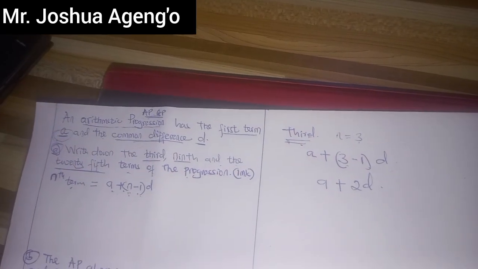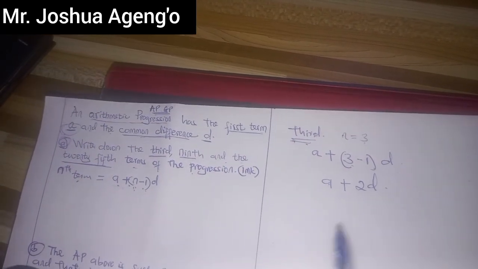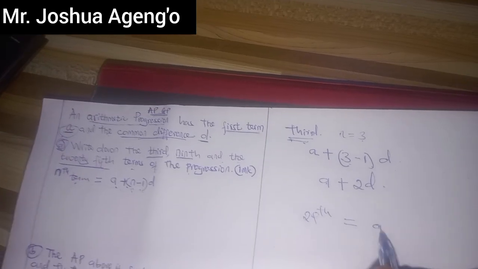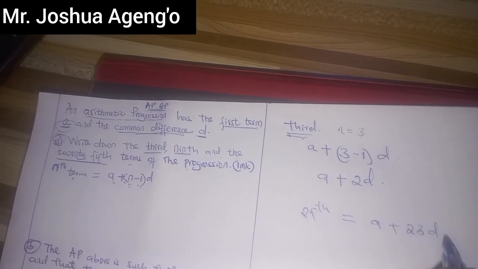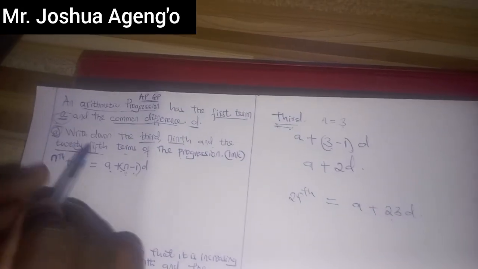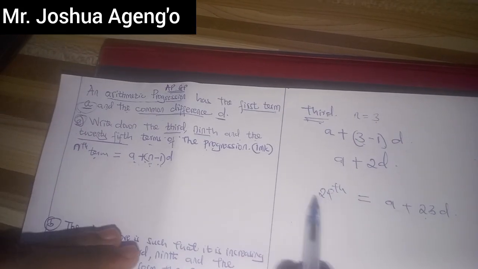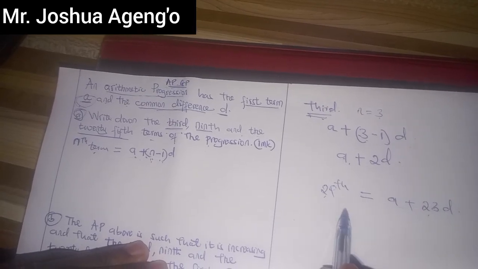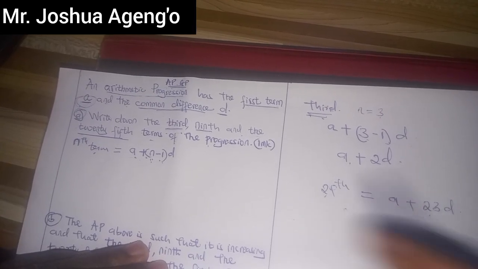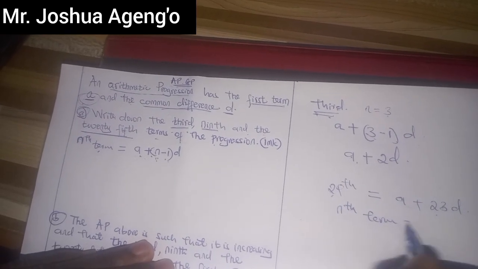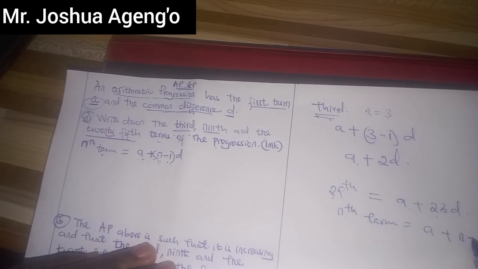Please, even if you know this from your head, because somebody might ask you the 24th term, the 24th term will simply be A plus 23D. Even if you know this at the back of your fingertips, but they ask you to write down the 24th term, please, you must show this procedure, that the 24th term will be given by the formula. You know very well that nth term is equal to A plus n minus 1 d.